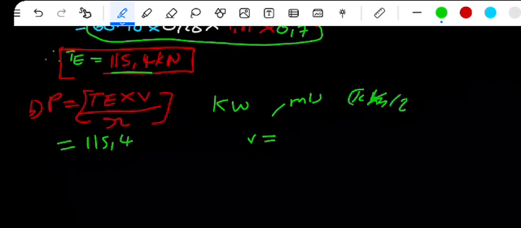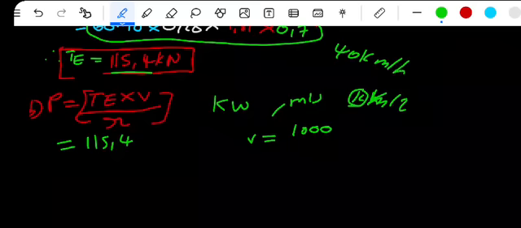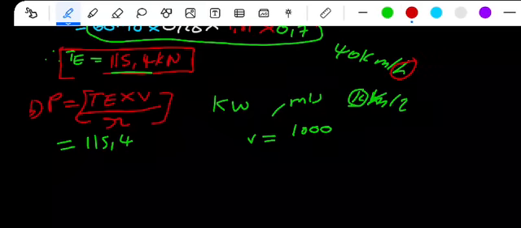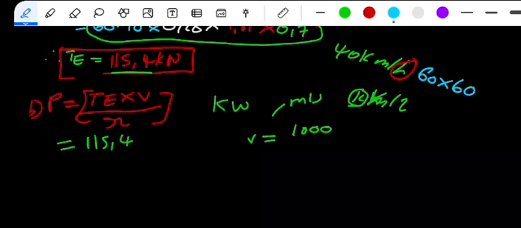Kilo is the same as times 10 to the power of 3, which is 1,000. Remember, 40 kilometers per hour. But an hour is the same as 60 times 60 in seconds.